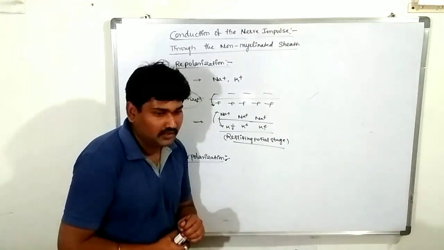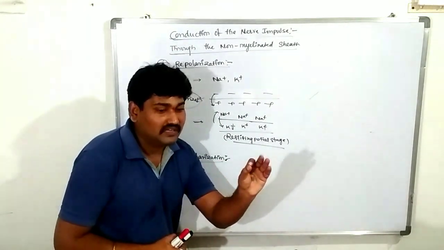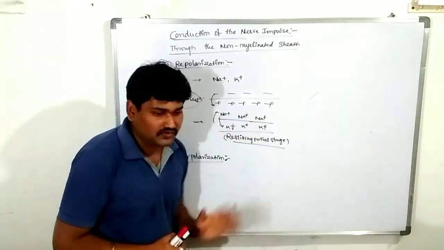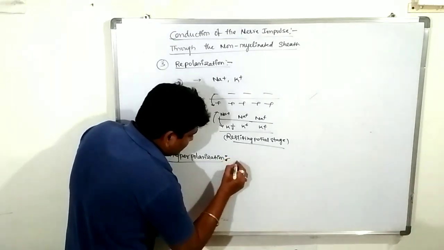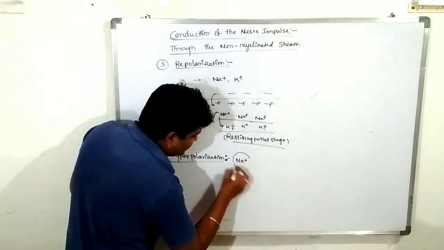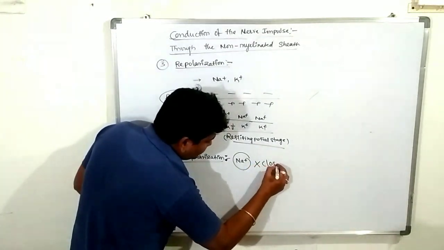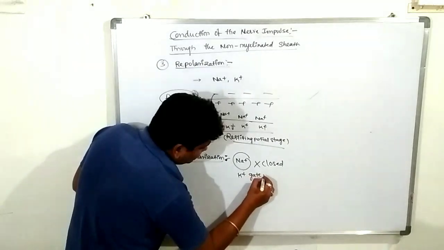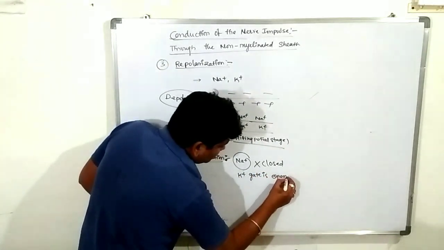In this condition, the potassium channel will become open. The sodium 2 gates will become closed. Very important. The sodium gates are closed. Only the potassium gate is open.